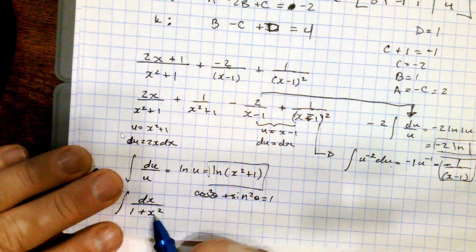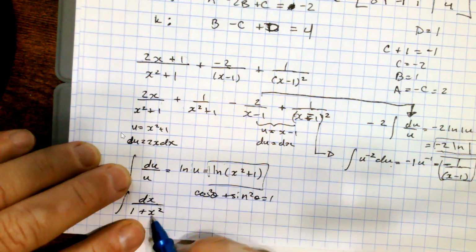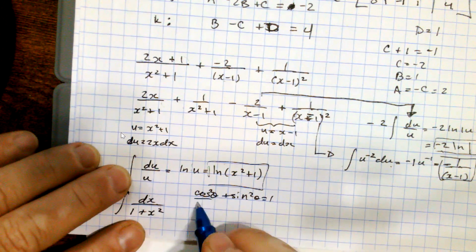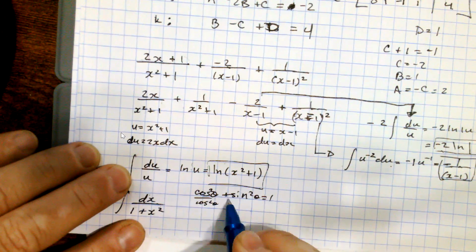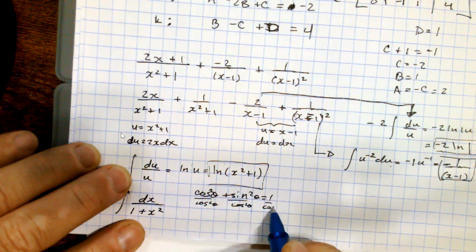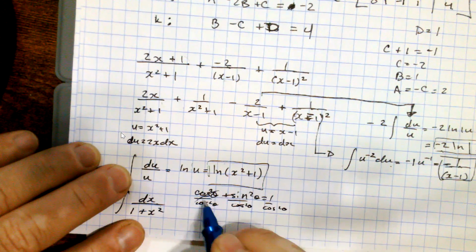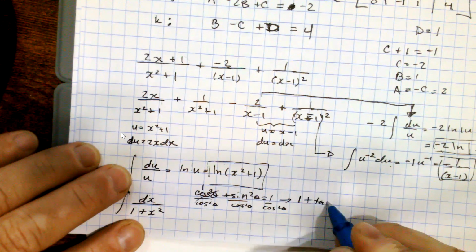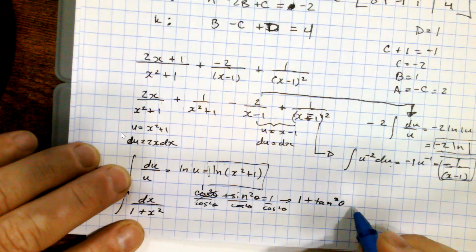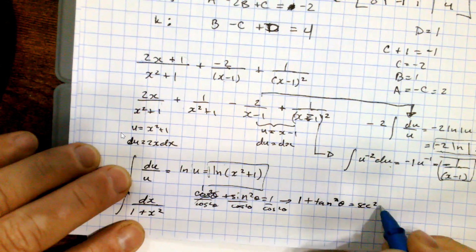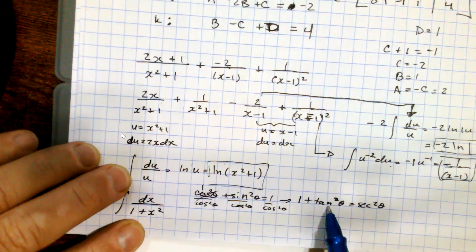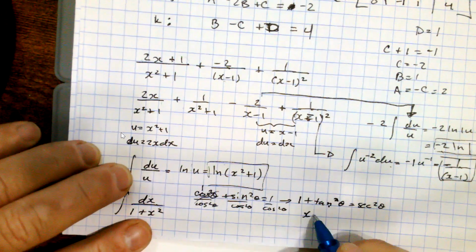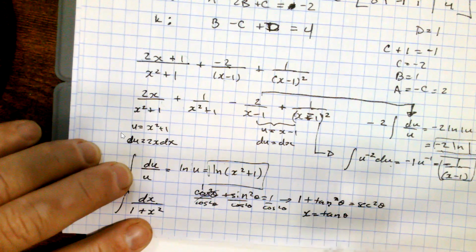And looking at this has the same form, but plugging that in is not going to work because I don't have the mix of variables. So I'm going to divide everything through by cosine squared theta. Okay, and that's going to give me 1 plus tangent squared theta is equal to secant squared theta. So that looks really promising because 1 plus tangent squared is exactly what I have here. So it looks like I need to let x equal tangent theta.